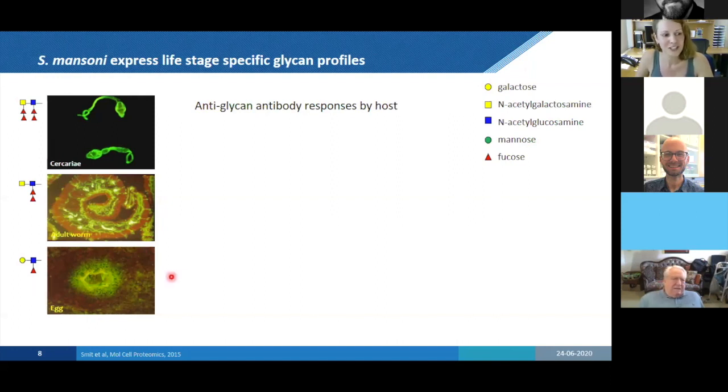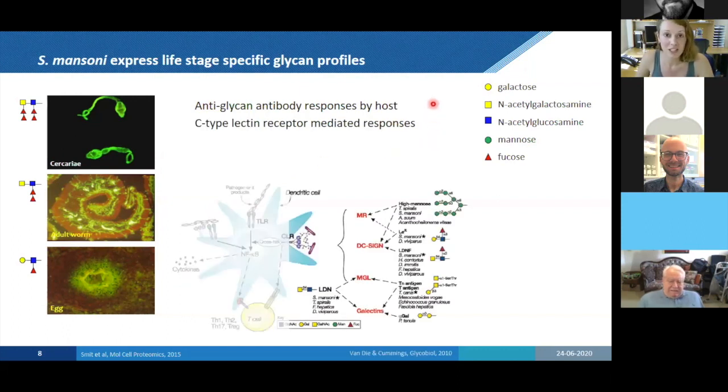And interestingly, these glycans can also be recognized by the host. For example, they have found antibody responses against some of these glycans in infected individuals. But of course, more importantly, and also for this talk, these glycans can be recognized by C-type lectin receptors on antigen-presenting cells, for example via the mannose receptor, by DC-SIGN, or the macrophage galactose-type lectin.